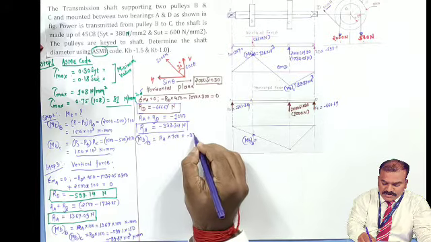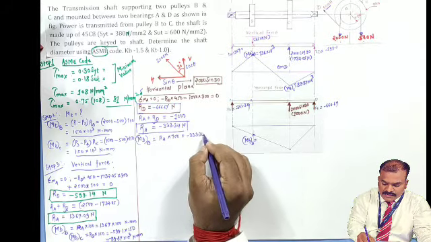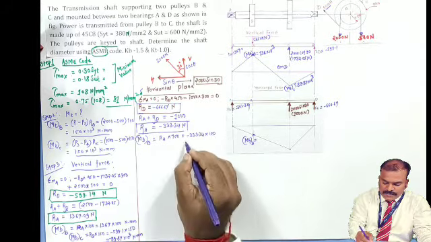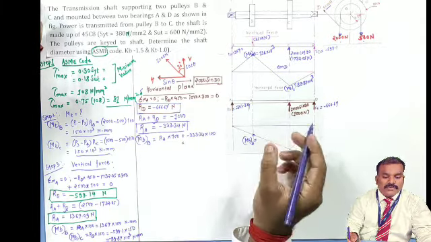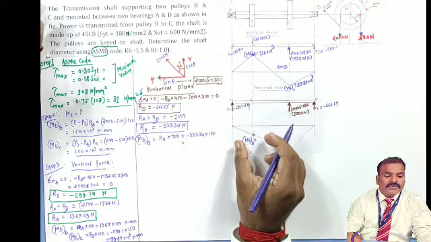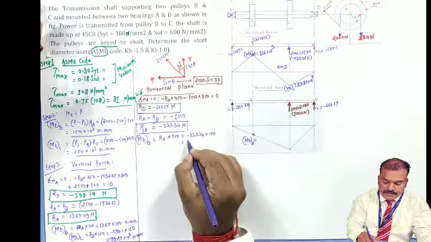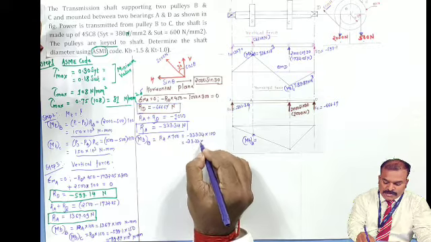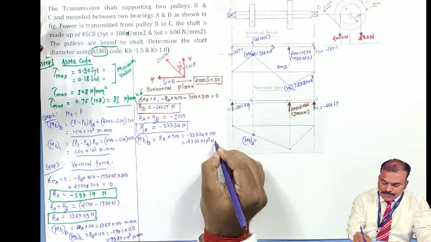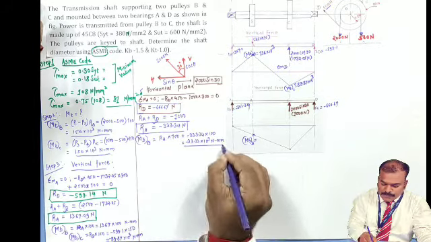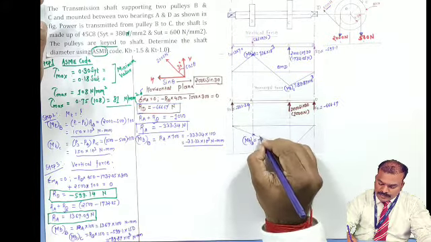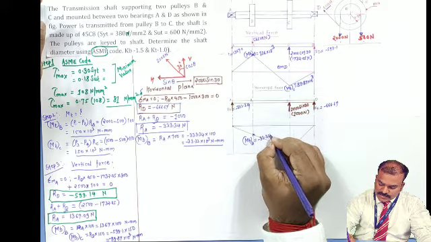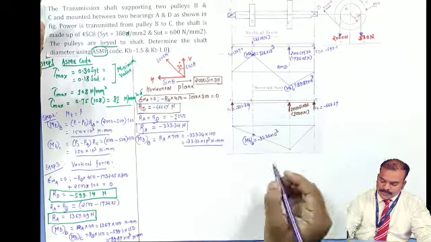RA minus 333.34 into 100. So we'll get directly the value of bending moment, which is minus 33.33 into 10 raised to 3 Newton mm. This will be the bending moment at this point. I'll write minus 33.33 into 10 raised to 3.